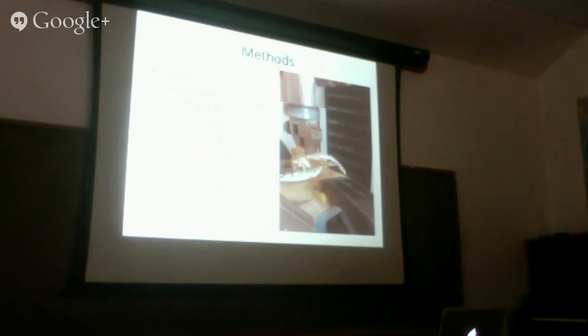So my methods. I dissected out 10 vomers and 10 premaxillas from lingcods, which ranged from 205 to 836 millimeters in standard length. I took a bunch of morphometrics before dissection and then after dissection with the teeth.